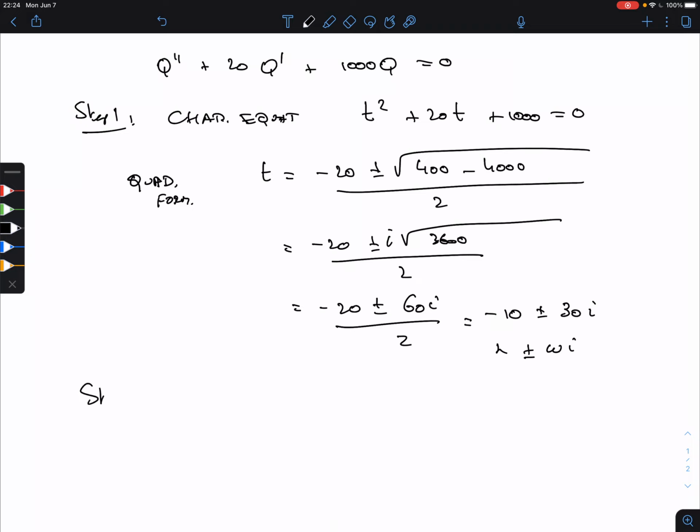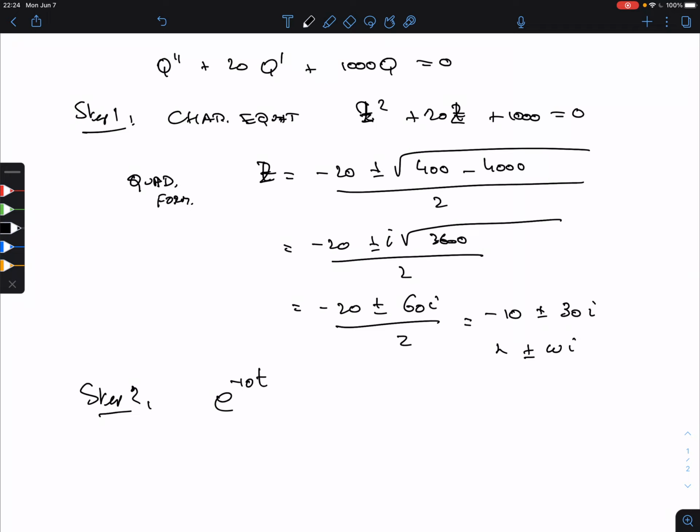We know that the solution will be given by a cosine and a sine, with e to the minus 10t here, because we're working with time t. Oh yeah, so right, I said I was going to use a z here to not confuse ourselves with the time. The variable that I called t above was not the time.